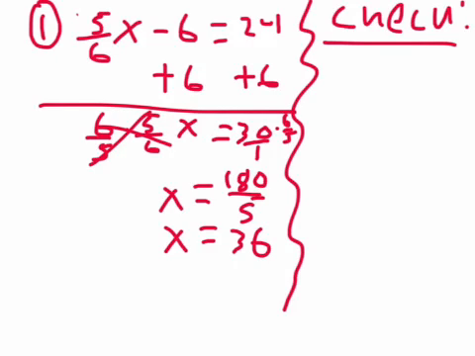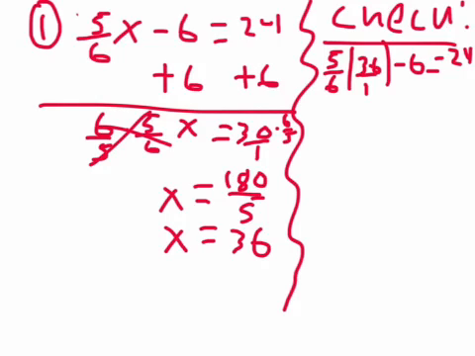So then when I check that, I'm just going to put 36 in for x up here and rewrite it here. So I got 5 over 6 times 36 over 1. I'll put it over 1. Minus 6 equals 24.